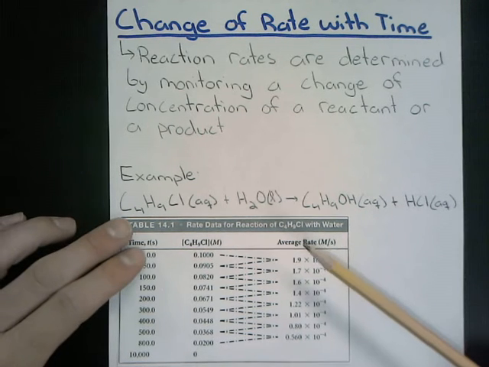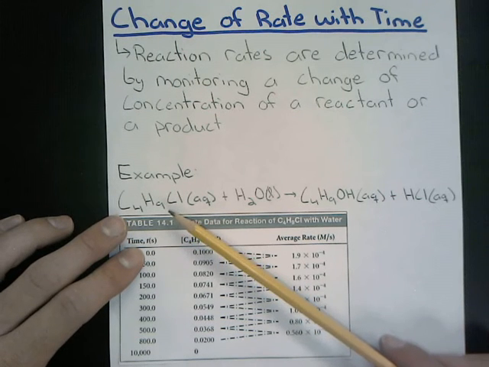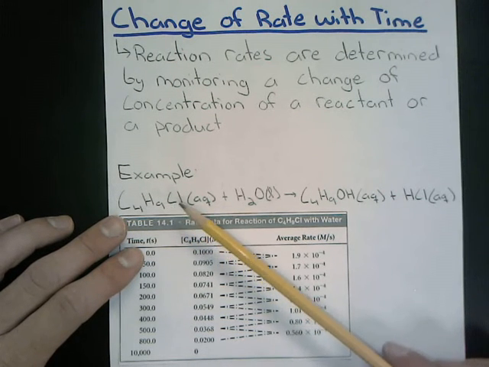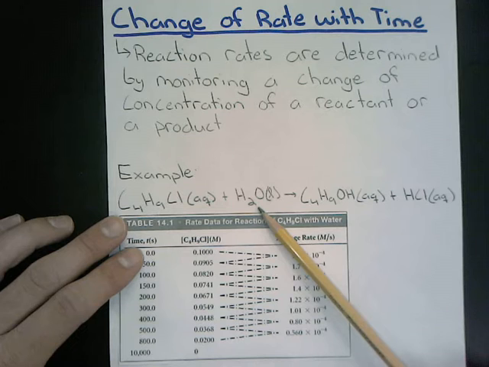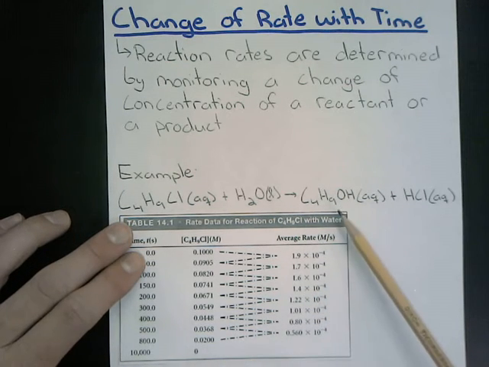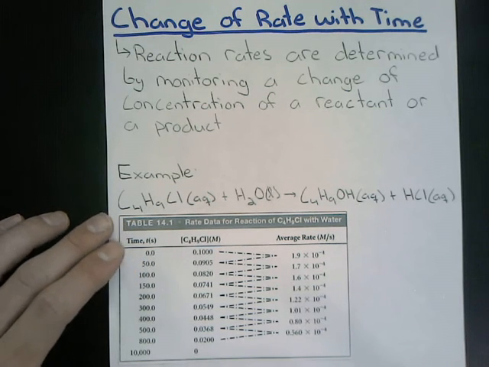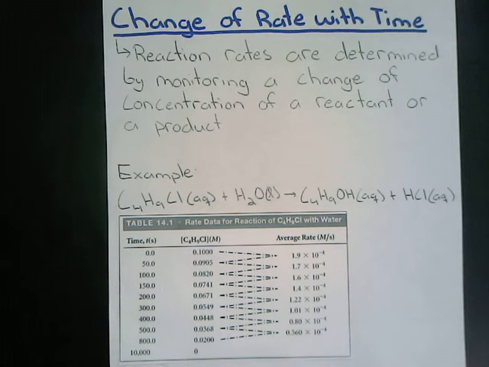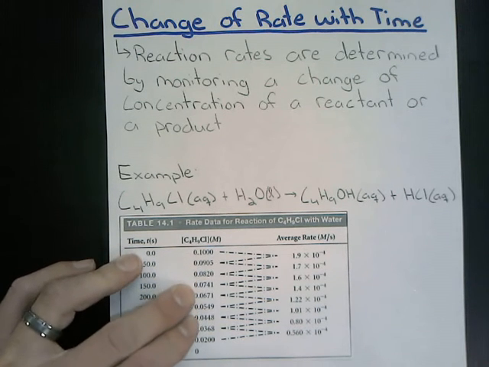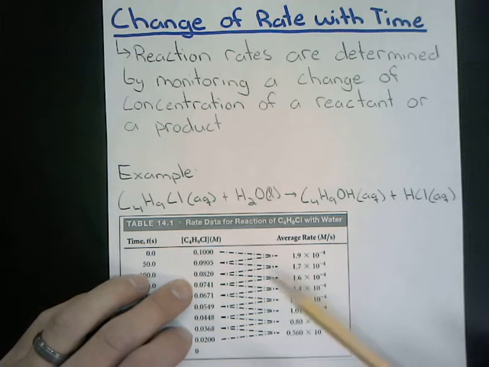What we have here is our example. This is an organic compound called 1-chlorobutane, and it reacts with liquid water to produce butanol and hydrochloric acid.